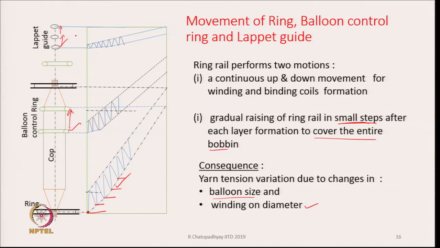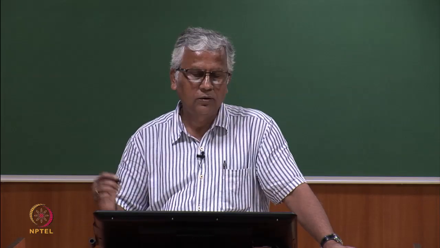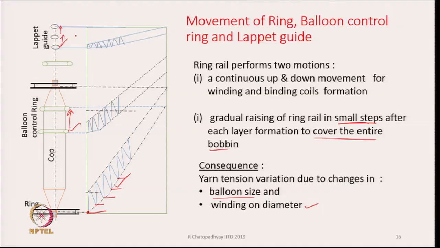and hence the total movement of the ring rail is much more in comparison to total movement of the balloon control ring. See, how far is the ring rail moving? From this position it goes up to this position. So, this is the total upward movement of the ring rail from starting of building to the end. The balloon control ring starts from here and goes up to there.